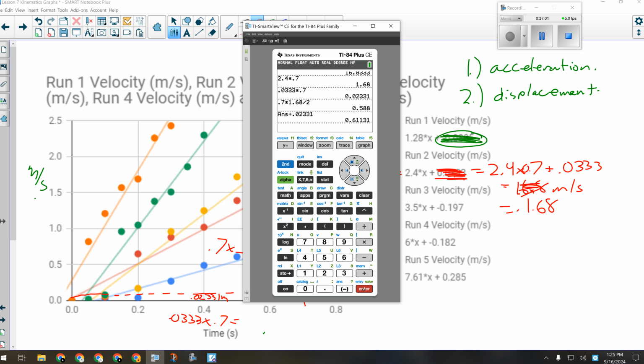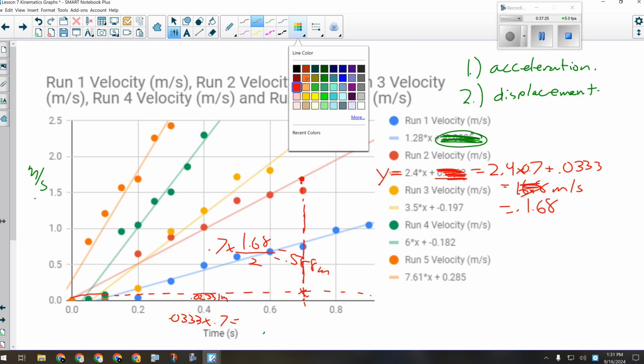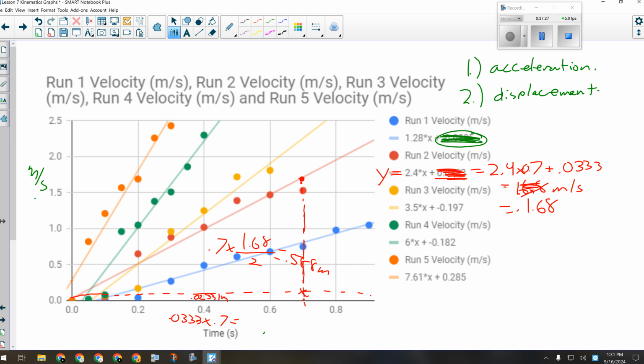Okay, now that you've seen it once, try it with run 5. That's the orange line. Sorry, run 5, the orange line. All right, so on run 5, if I'm trying to find out the area of the rectangle and the triangle that exists for that line, I'm going to have an orange rectangle that's going to go all the way to 0.7 seconds.